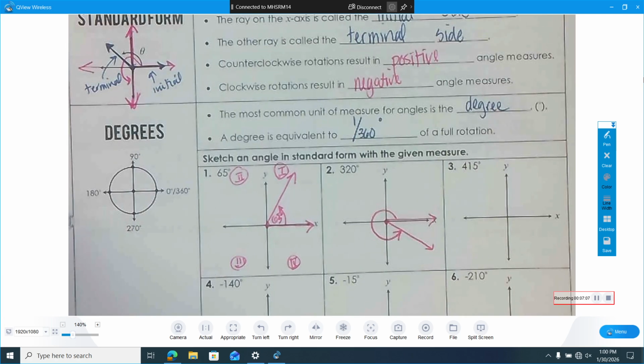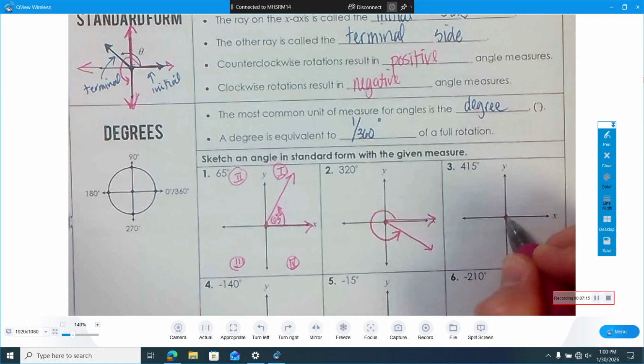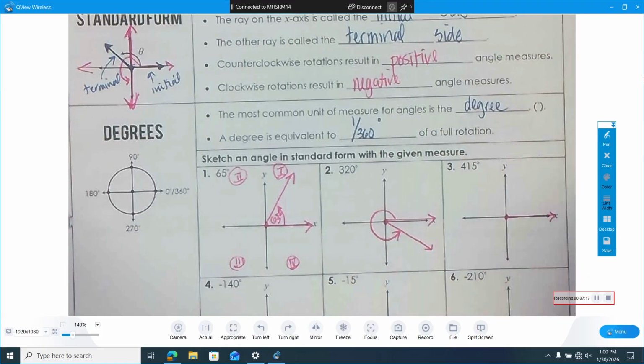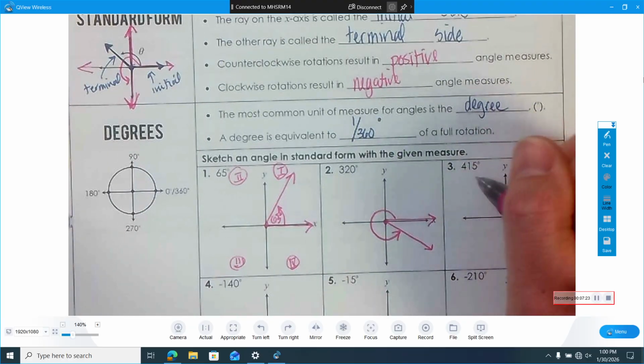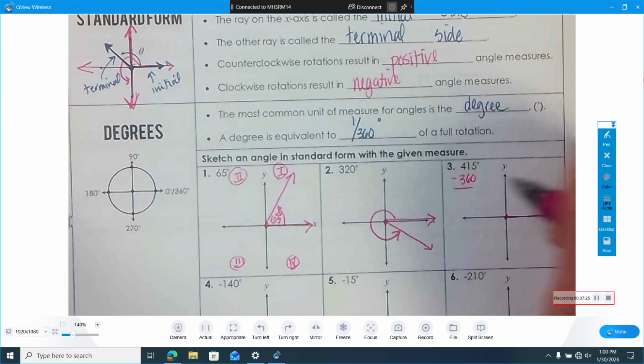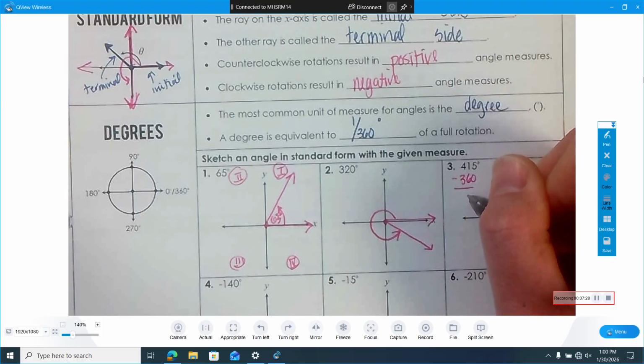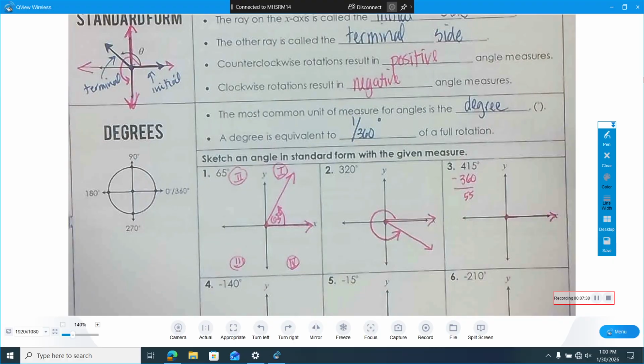But somewhere in there, what about 415 degrees? Yeah, it goes more than a full rotation, and that's fine. It can keep going. Let's see, how much more than a full rotation? How'd you get 55 degrees? Oh, you subtracted 360. That's so smart. Yeah, 55 degrees. That seems right.